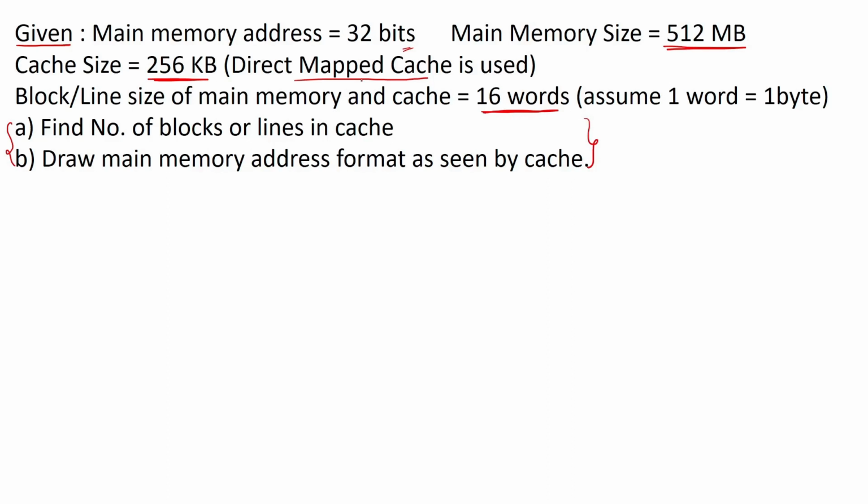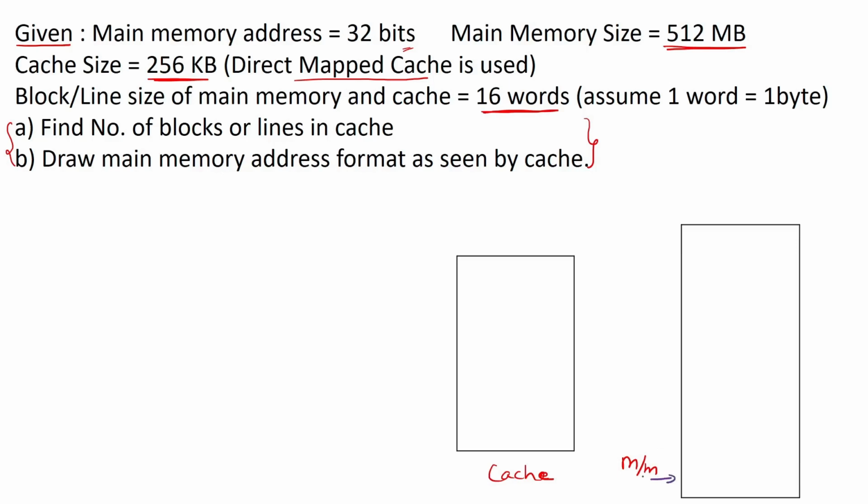So let's write all these things in diagrammatic form. Let's say this is our main memory and this is our cache. As we know, main memory is organized in the form of blocks. The question says the block size of the main memory is equal to 16 words. That means we have blocks inside our main memory: block 0, 1, 2 and so on.